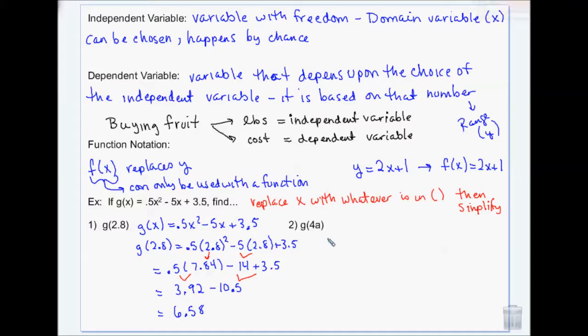If I want to do g of 4a, well, I had g of x, and I replace x with 4a.